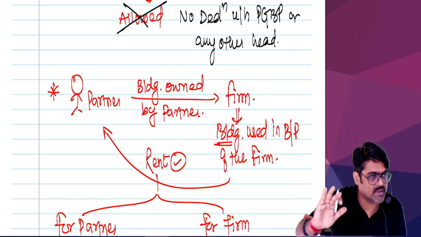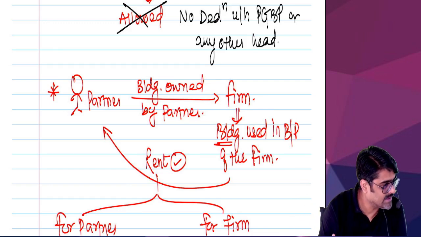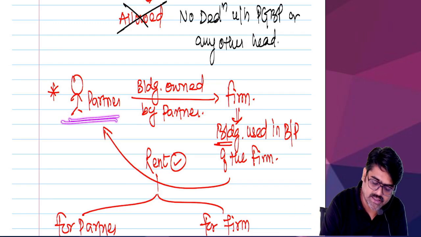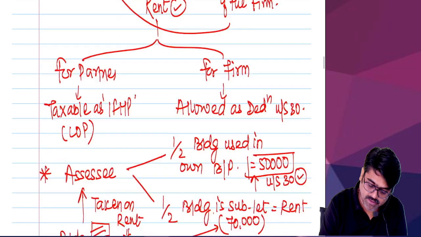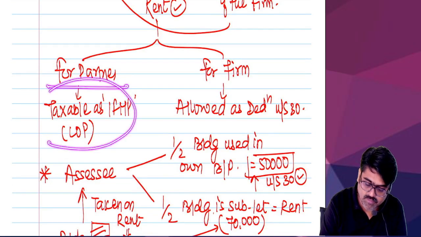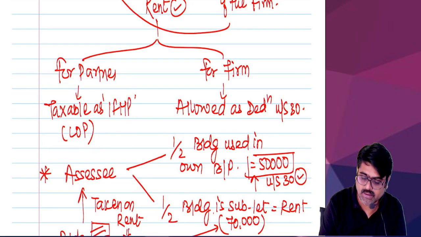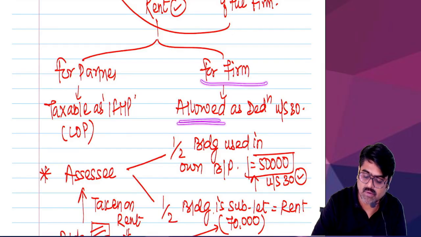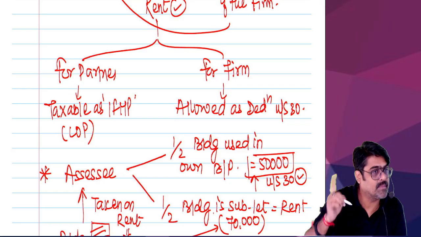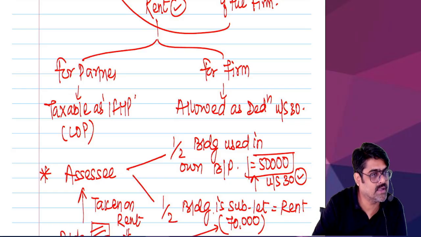And for Bhagyashree, this rental income will be taxable under the head house property. Yes or no? And for the firm, that rental expenditure will be allowed as a deduction from the business income of the firm under section 30.